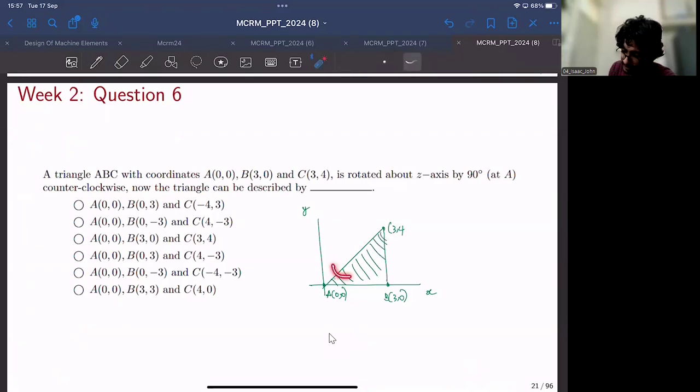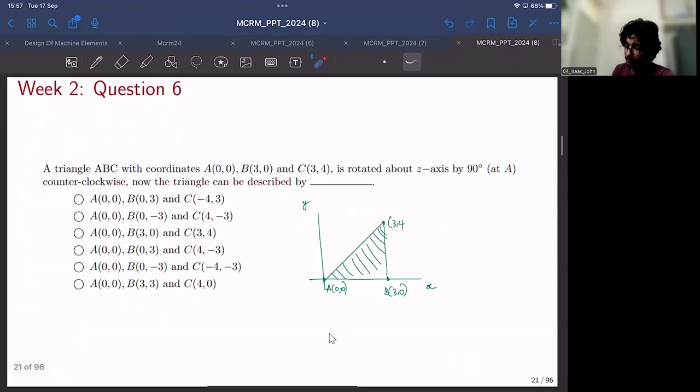So if you rotate this triangle by 90 degrees, what would be the new vertices of the triangle after it has been rotated? We simply apply the rotation matrix for each of these points to find the new points A dash, B dash, and C dash.